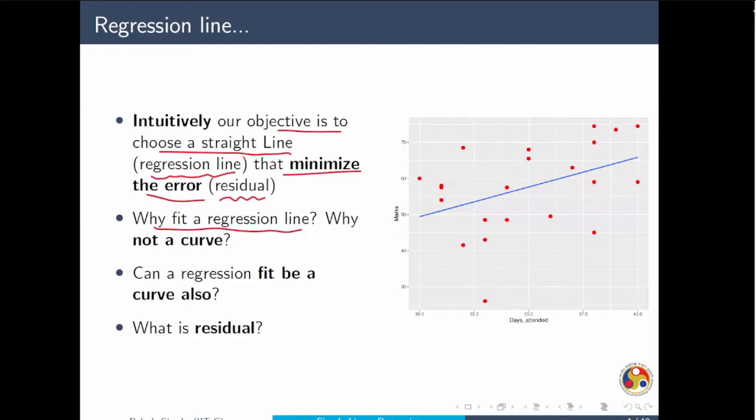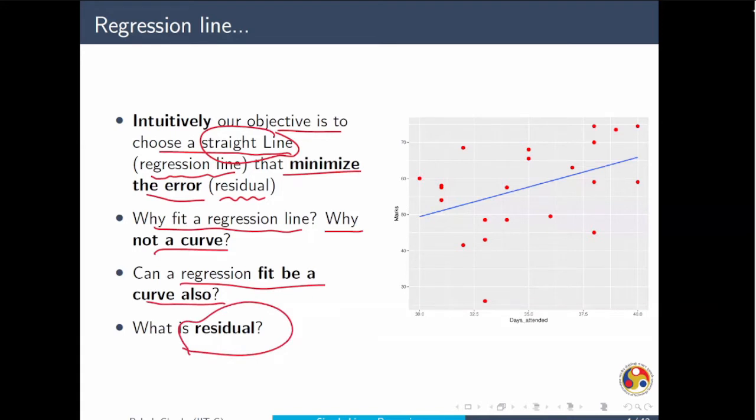So you need to check that again and again. Here I am talking about the regression line, but why not a curve? I can fit a curve, and that could be a better one. Can a regression fit be a curve also? We are talking about the straight line here, but I'm asking you again: can the regression fit be a curve also? And what is the residual? I'll answer all these questions.